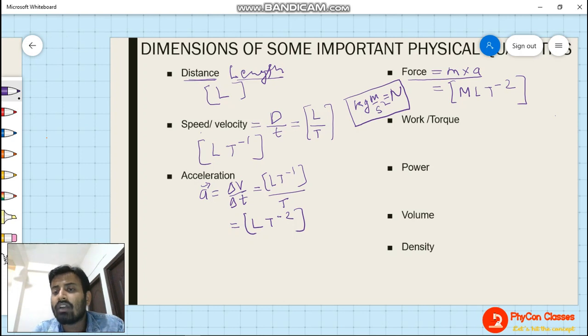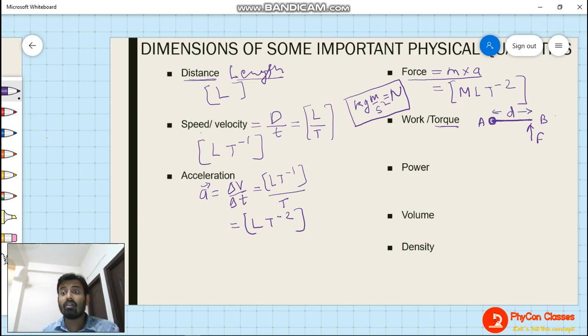Okay. Now coming to work or torque. Torque you have studied in class 10, so I'll just tell you what torque is. Let's suppose there is a link like this, and this link is hinged at this point. This point is A, this point is, let's suppose, B. Now this link is pin connected at point A, and at point B we are applying some kind of force at a distance of D from the pin.